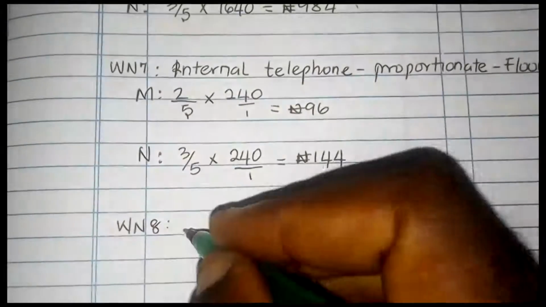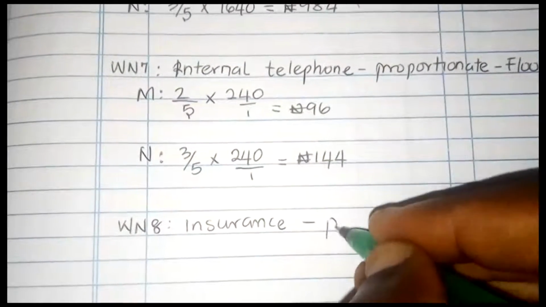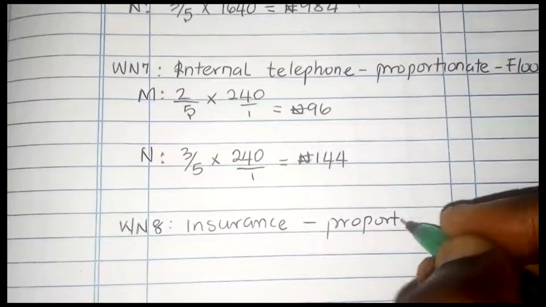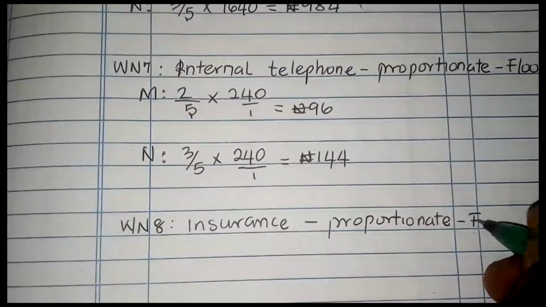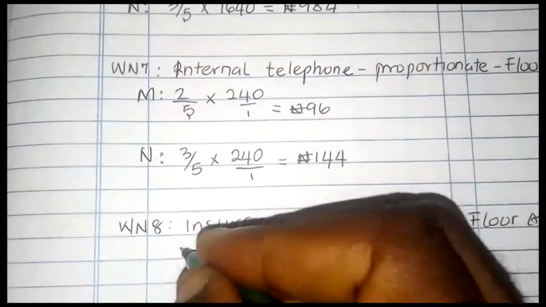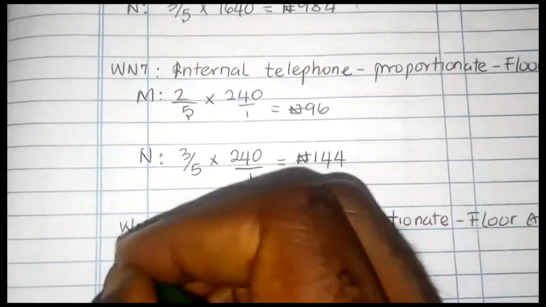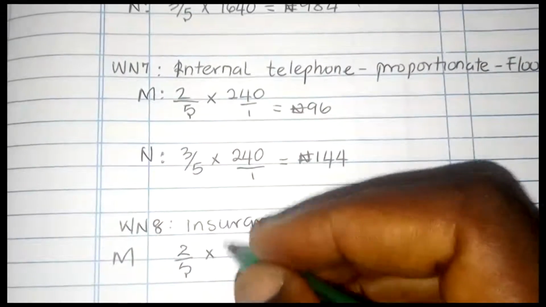Then the last one, which is insurance, which is proportionate to the total floor area, that is 2 over 5 for department M. 2 over 5 multiplied by, so what is the total insurance? The total insurance is 500.